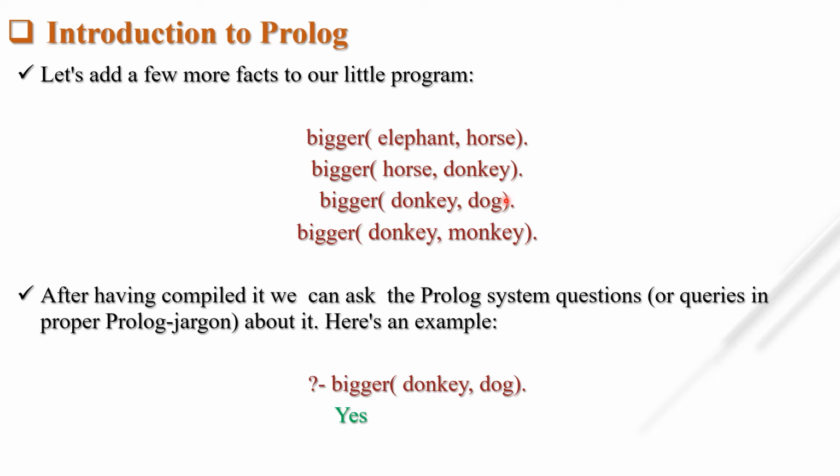Suppose you ask Google Assistant who is the current prime minister of India, the system gives the answer that Narendra Modi is the current prime minister of India.